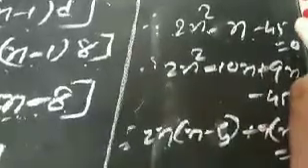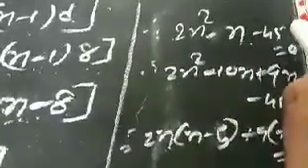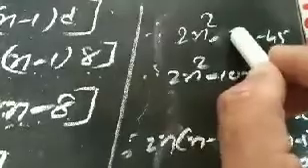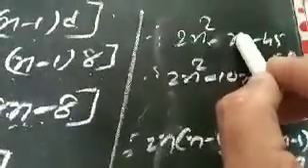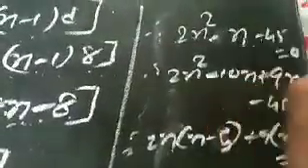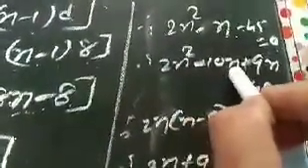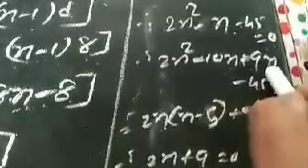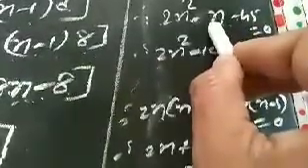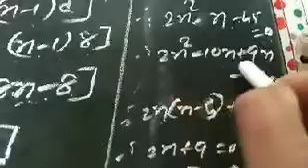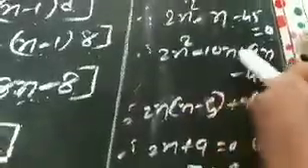Then we get the two factors of 90 that give the middle term of this equation, which is minus n. 10 nines are 90, so minus 10n plus 9n gives the middle term minus n. So we use these two factors, 10 and 9.